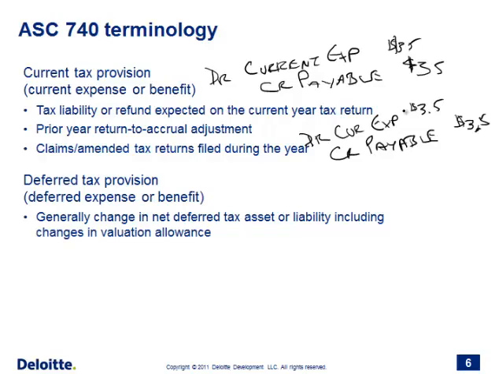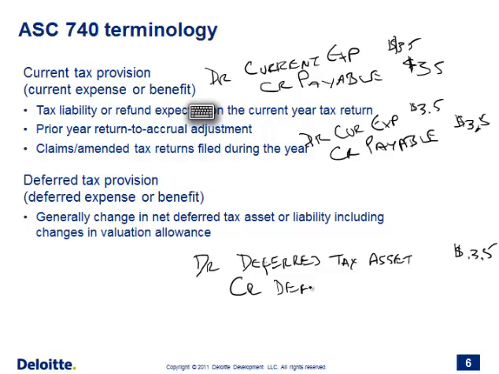Okay. But on the flip side, I know that when that bad debt reserve gets written off and those receivables are canceled, I'm going to get a tax deduction. So I know that's going to happen. So I'm going to book a deferred tax asset today. And that asset represents the savings that I will get in tax in the future, because I know when this receivable is canceled, I'm going to get a corporate tax deduction.